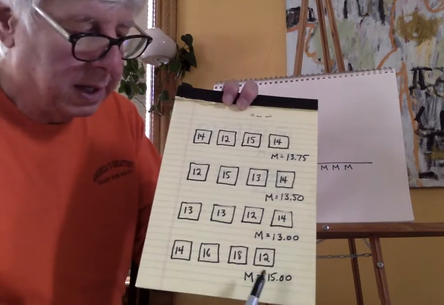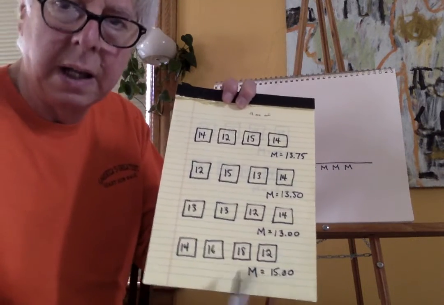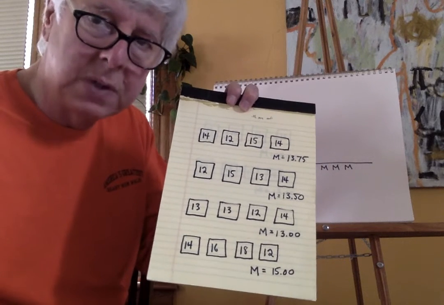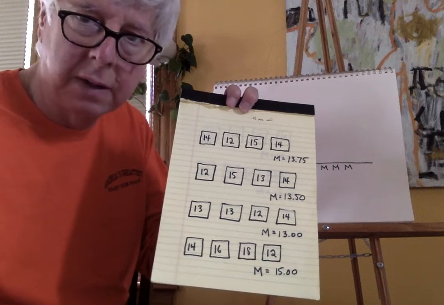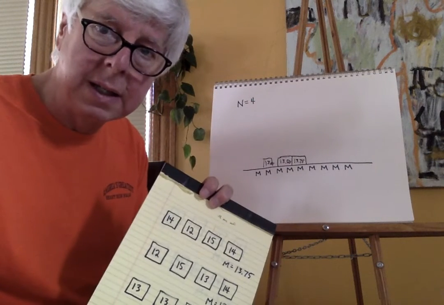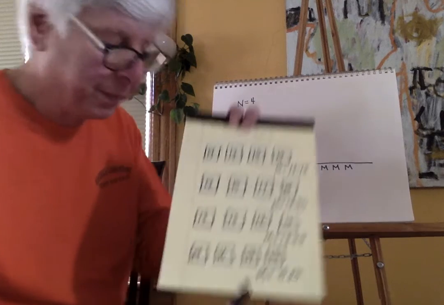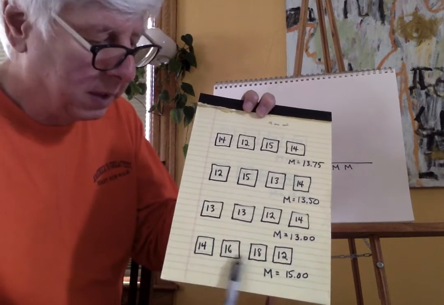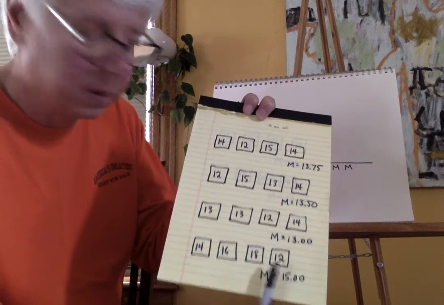Now, in this case, I decided, hey, what if we pulled that 18? It's going to happen 4% of the time, because there's one of the blocks that is 18 out of 25. So suppose we've got a sample like this: 14, 16, 18, 12.